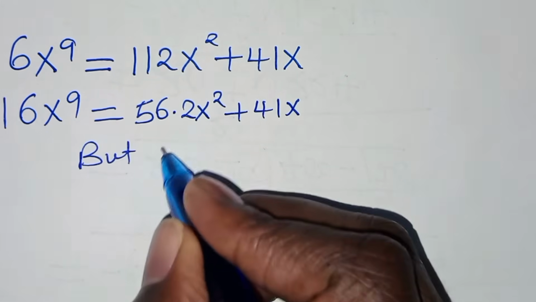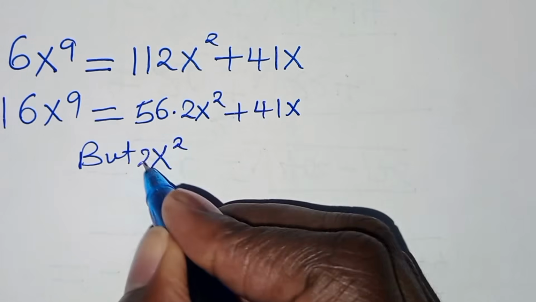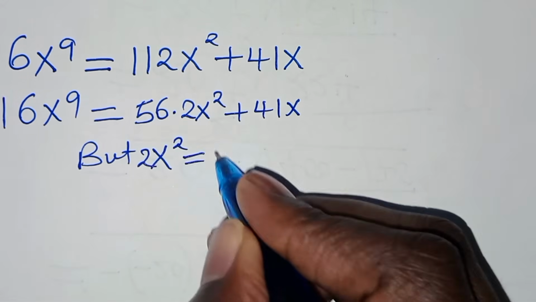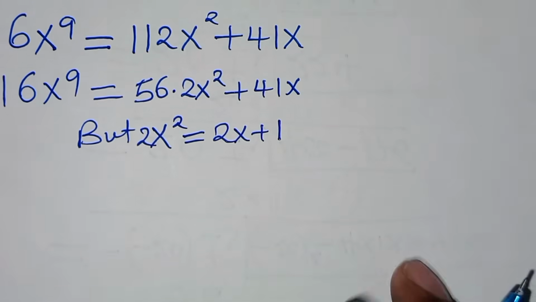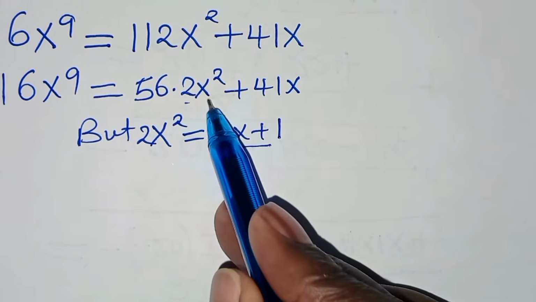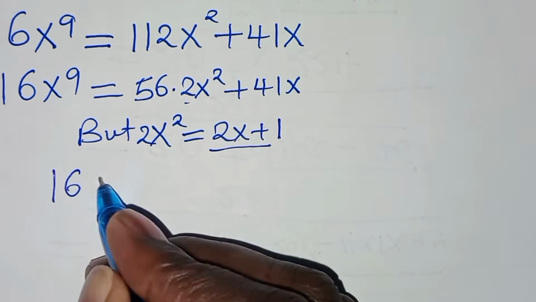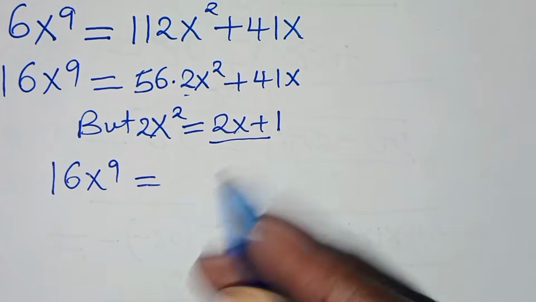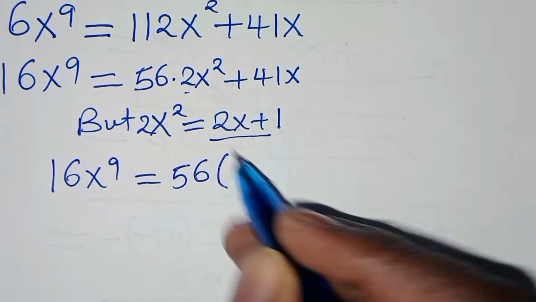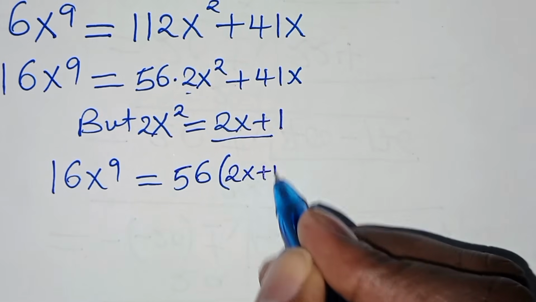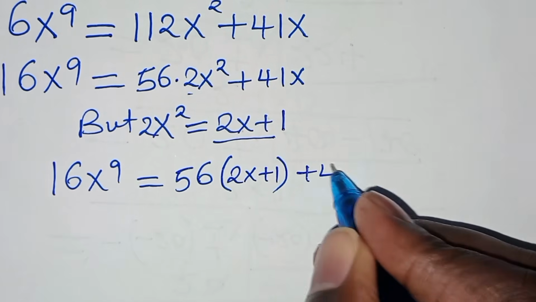But if you recall, 2x to the power 2 is the same thing as 2x plus 1. Now, let's substitute this here. So that now we have 16x to the power 9 equal to 56 multiplying by 2x plus 1 plus 41x.